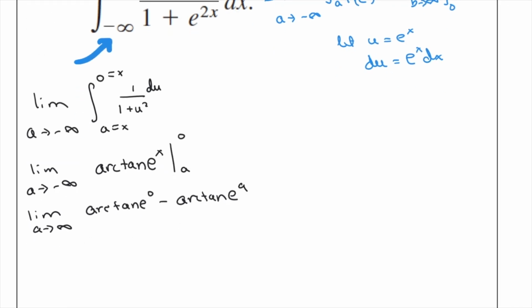All right, and when that simplifies, we get the arctan of 1, which is pi over 4. Then we evaluate. Remember, this was going to negative infinity. e to the negative infinity is 0, and the arctan of 0 is also 0. So now we've got that first part done.